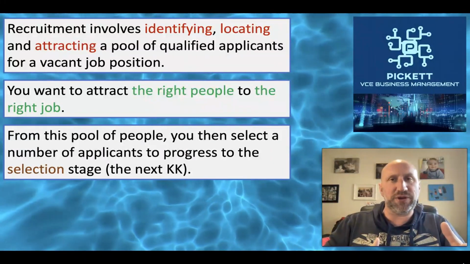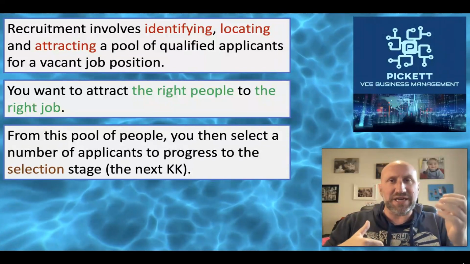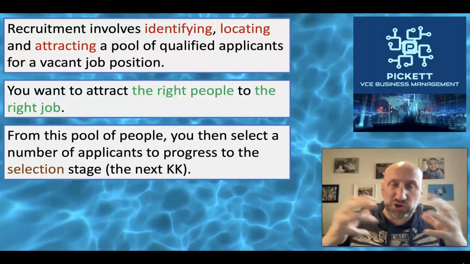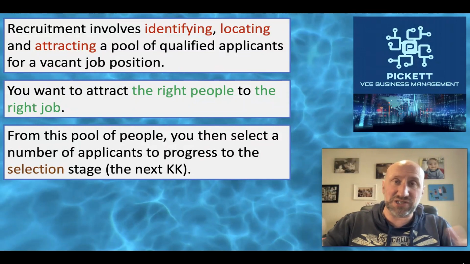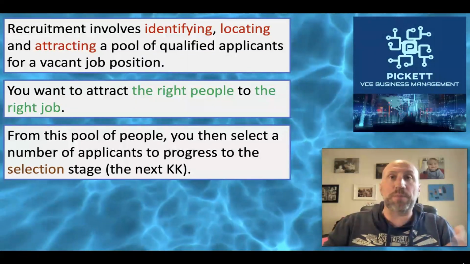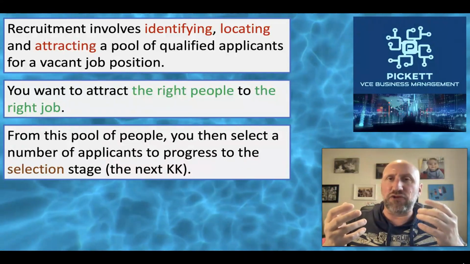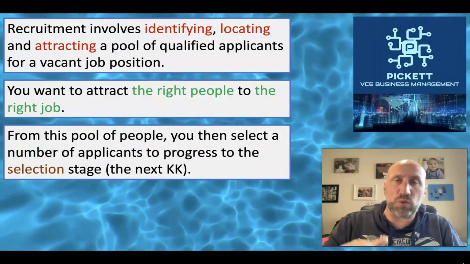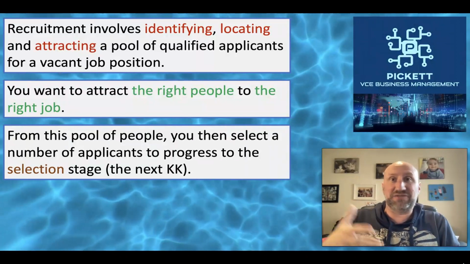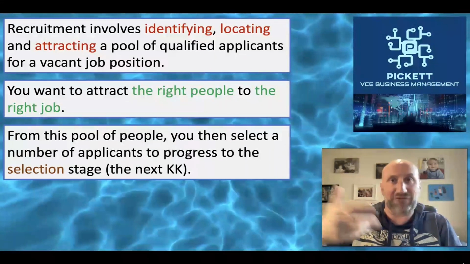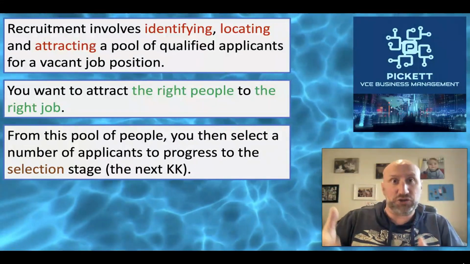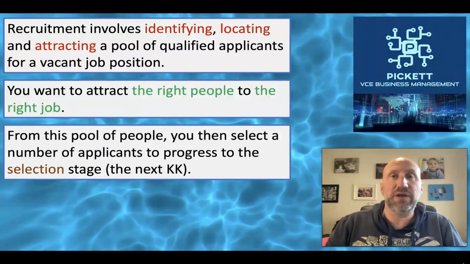So recruitment is just trying to work out where our potential candidates are, locating them, attracting them to apply. Basically, recruitment ends where you have a pile of CVs, which you're then going to look through to find your ideal candidate for the position.